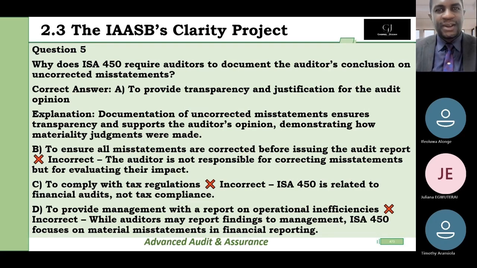Why does ISA 450 require auditors to document the auditor's conclusion on uncorrected misstatements? To provide transparency and justification for the audit opinion. Exactly. Wow, that is correct. 100% again. You guys are ready today. These people are on fire.